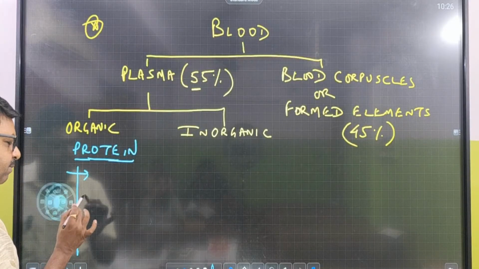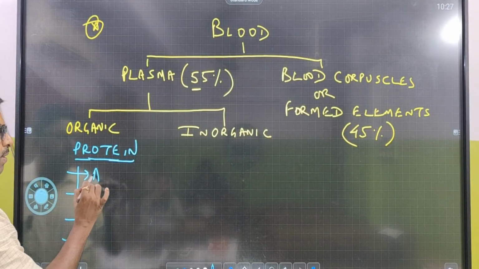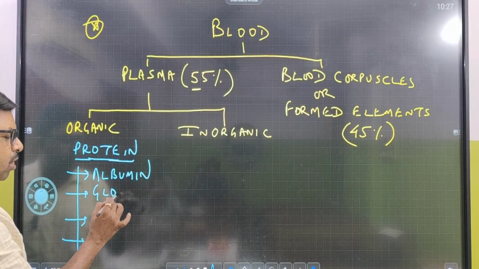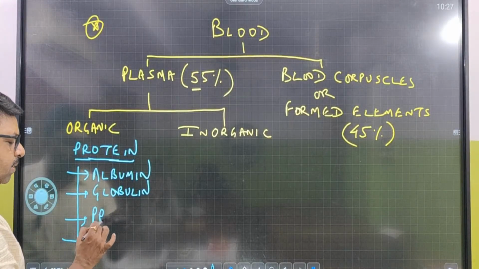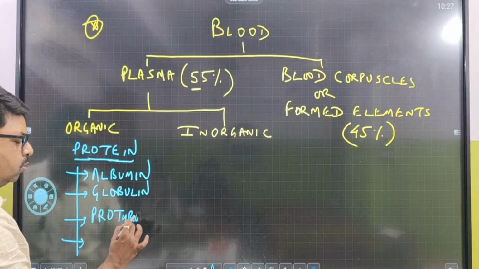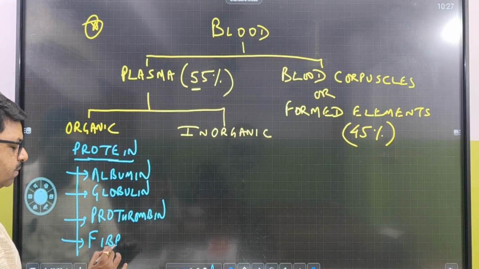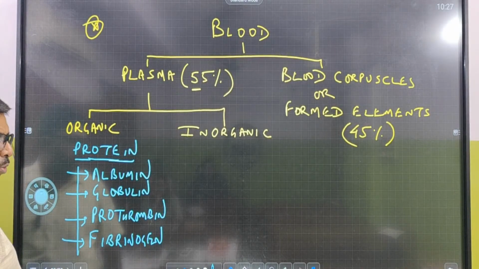There are four different types of proteins. Basically, they have albumin. Also, they have globulin. Prothrombin is the next one. And fibrinogen. Fibrinogen is another type of plasma protein.